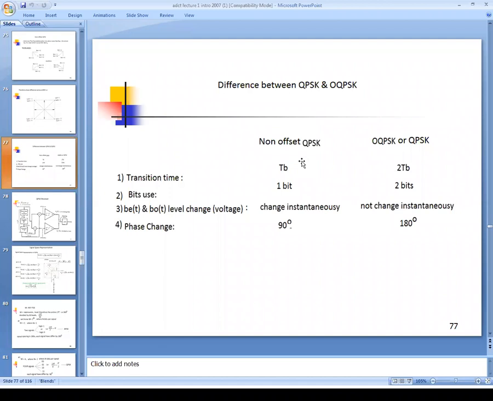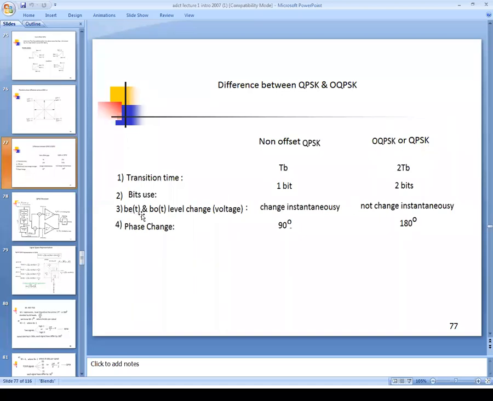Offset QPSK and QPSK are the same; non-offset QPSK is the other. The first difference is transition time. The transition time of a single bit is T_b in non-offset QPSK, and 2T_b in offset QPSK, that is QPSK.